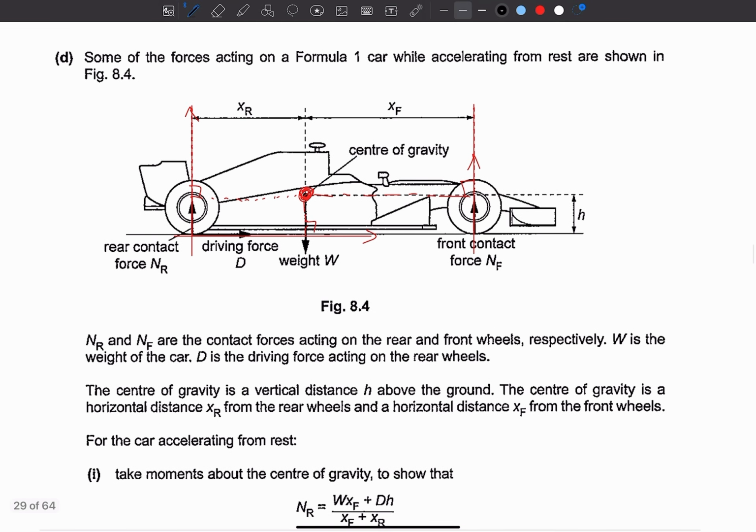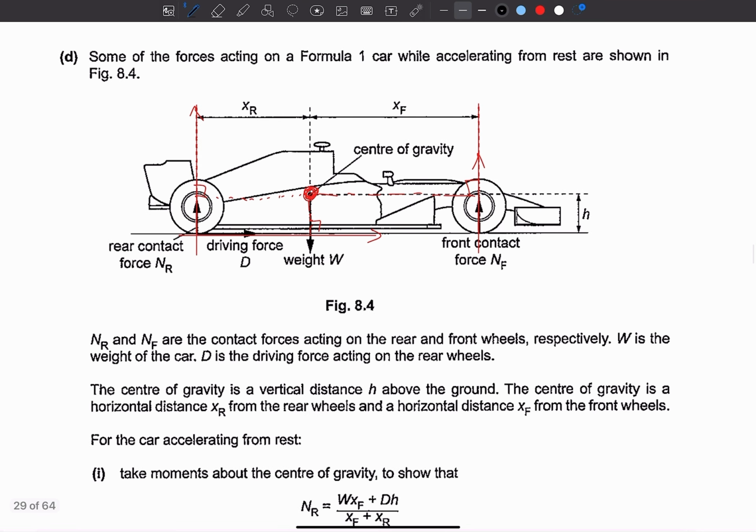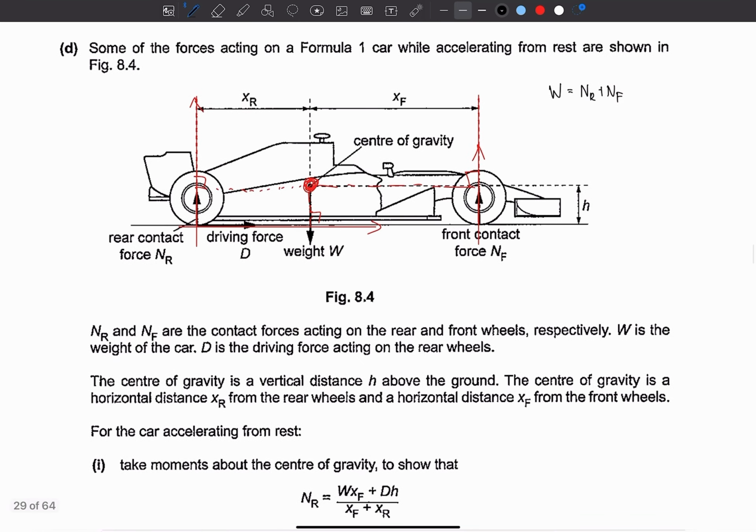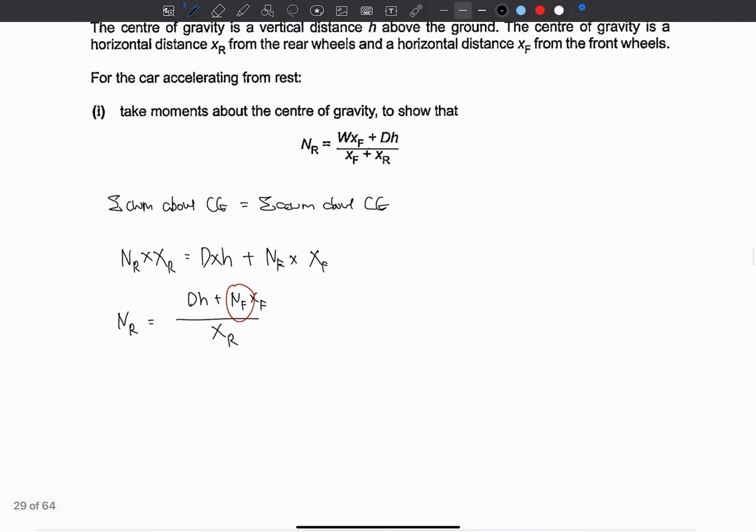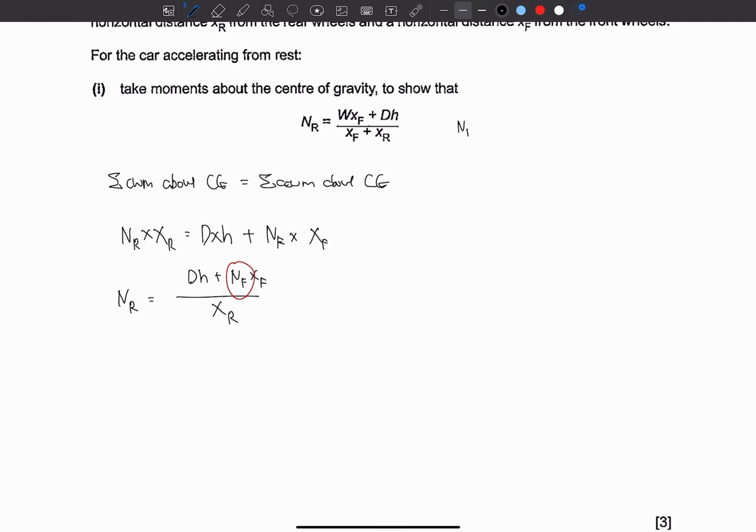As we know, the downwards force due to the car's weight is W, which has an equal and opposite force, which are the normal contact forces, NR and NF. Since we're solving for NR and we need to get rid of NF, what we can do is rearrange to solve for NF. NF is W minus NR.